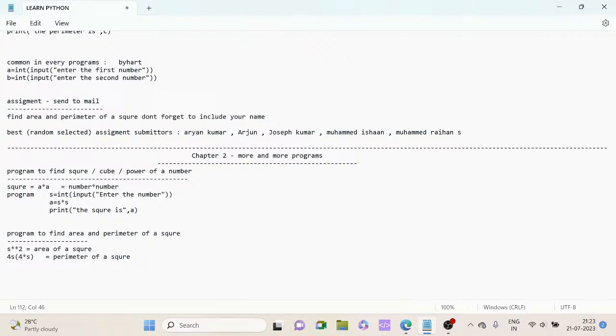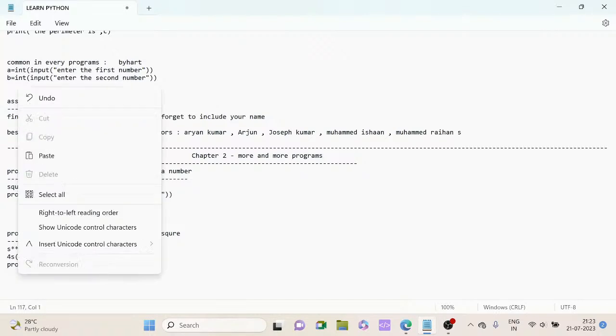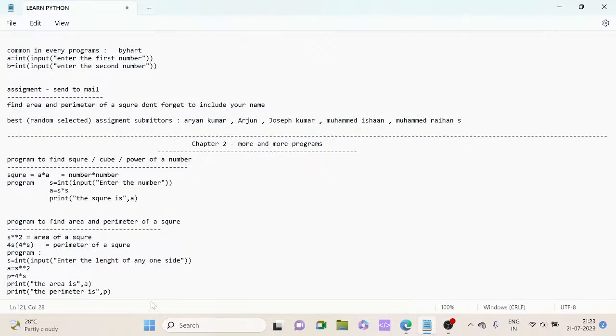Okay, so now the square is done. The program is this. So we have got the area and perimeter with some symbol codes. We only type some symbol codes and we give instructions.